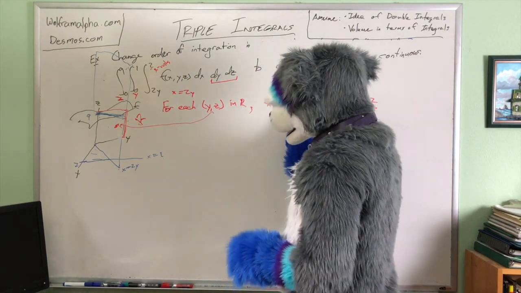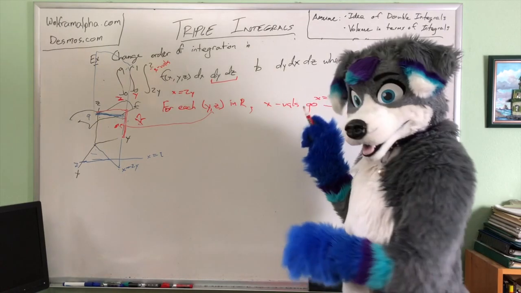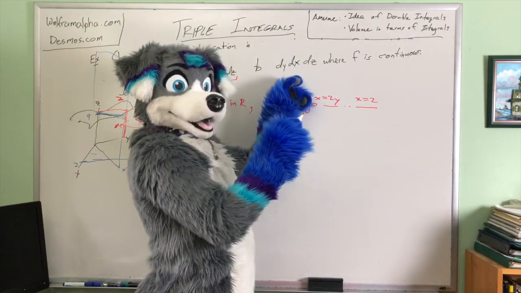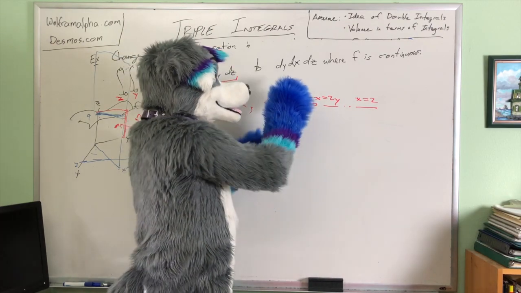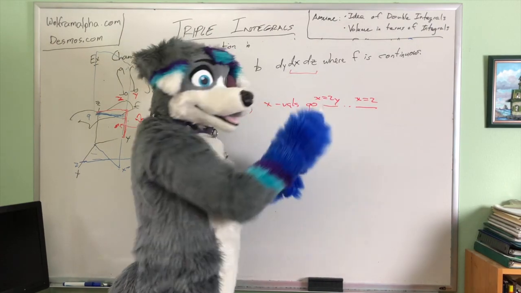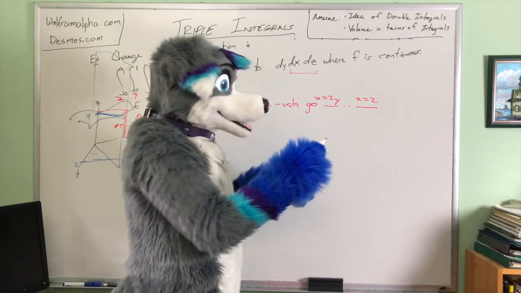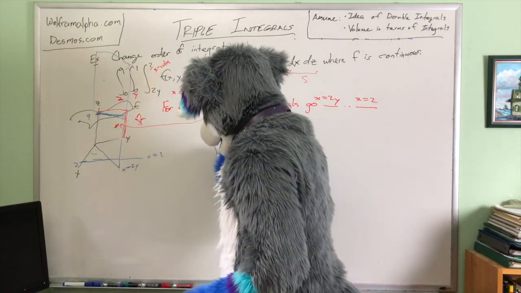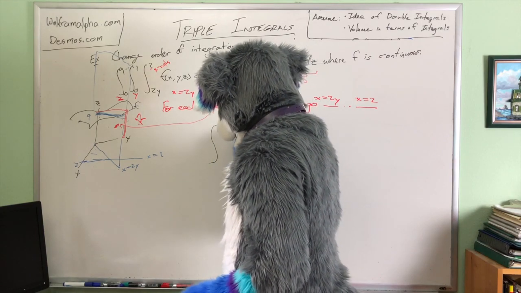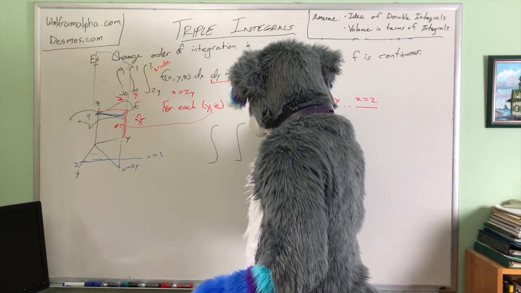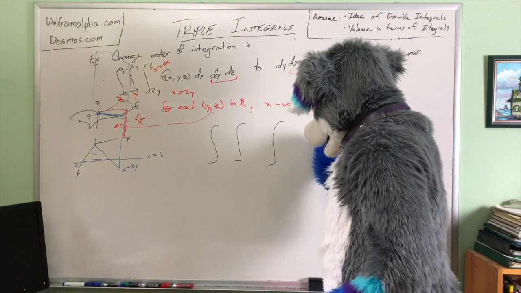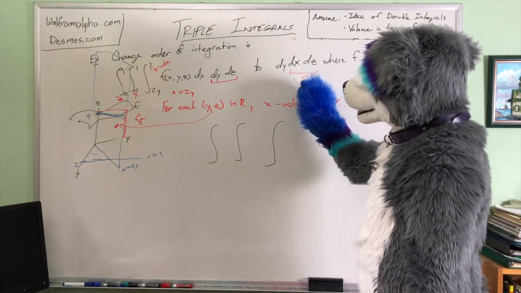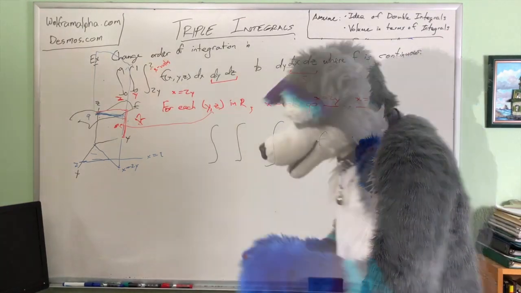So then, if I want to change to this order of integration, the new region that I'm looking at, I'll call it S, is in the xz plane. Integral, integral, integral, and then my function f, I'll just write f, dy dx dz.